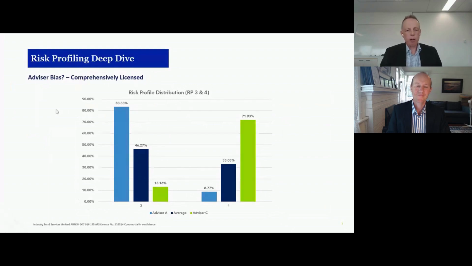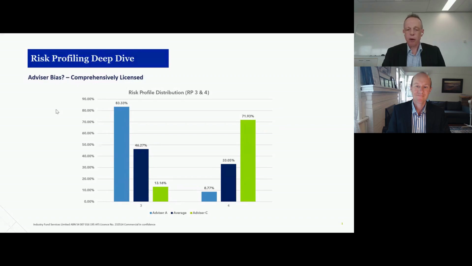Now, our average across the whole licensee for these types of advisors is around 46%, whereas in this example, for advisor A, 83% of their clients, so more than 8 in 10, were put into the 1 risk profile, which we found quite surprising, that so many clients would end up in the 1 risk profile.